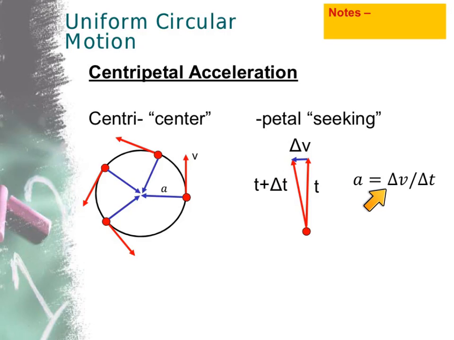And we know that acceleration is equal to delta v divided by delta t. So if delta v is pointing inside of the circle, then our acceleration also has to point toward the center of the circle. And no matter where I am along this circle, the acceleration is going to be in toward the center of the circle. And that's why we call this centripetal acceleration, center-seeking acceleration, because its direction is always going to be pointed toward the center of the circle.